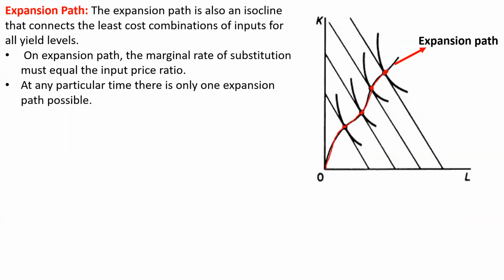So the expansion path is a curve which joins the least cost combinations of inputs at all the yield levels. On the expansion path, the marginal rate of substitution will be equal to the input price ratio, and at any particular time there is only one expansion path possible. There are a number of isoclines, but the expansion path is only one.